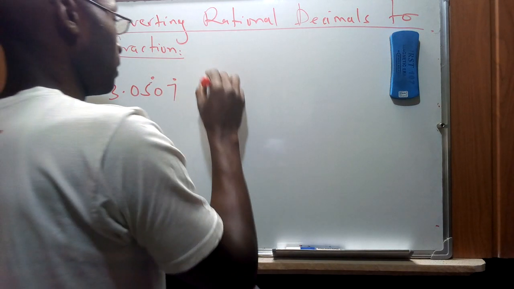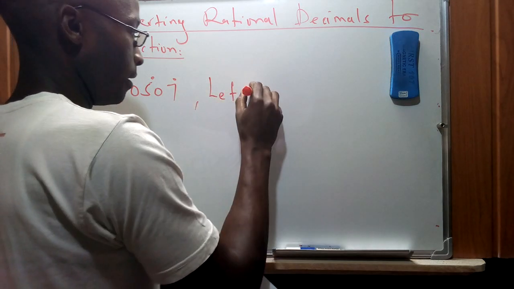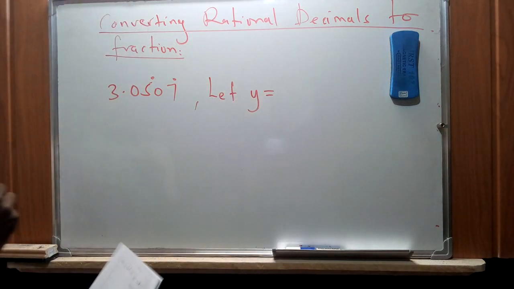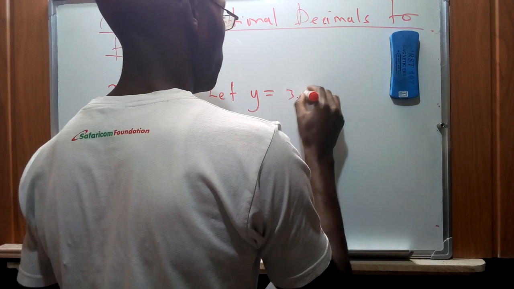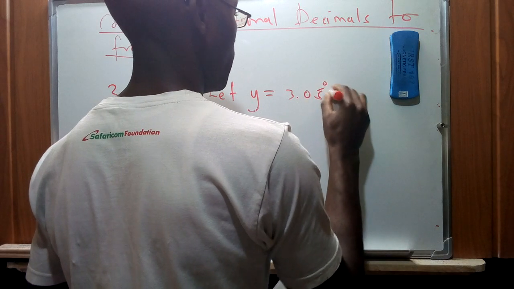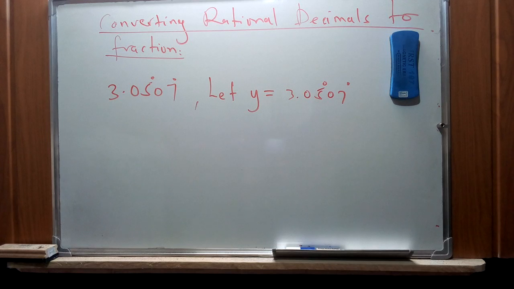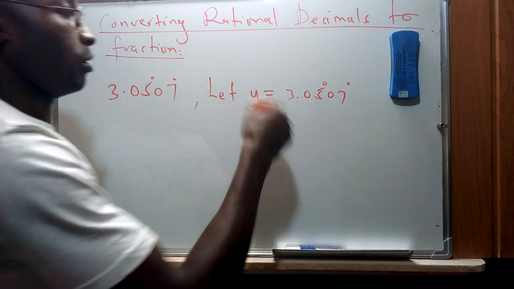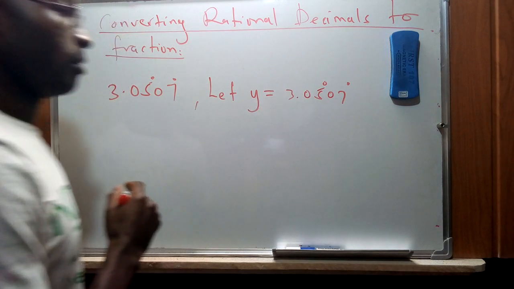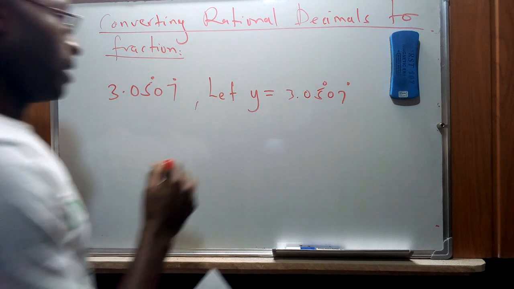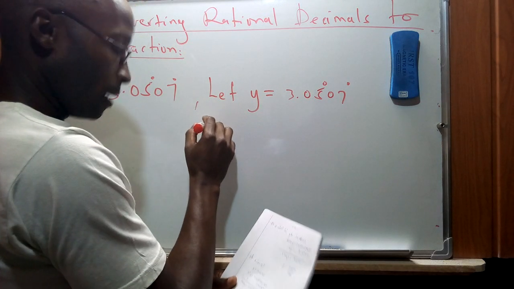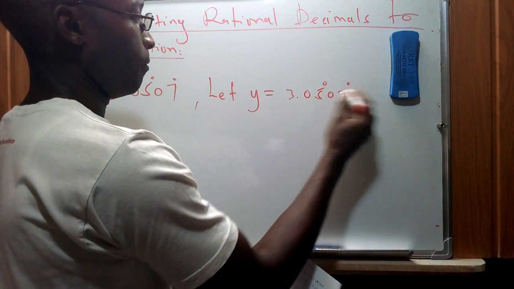So we say let y be 3.0507..., and for this we can find the power of 10 that we can use in order to bring these repeating decimals to the left side. So we say this is 1, 2, 3, 4.